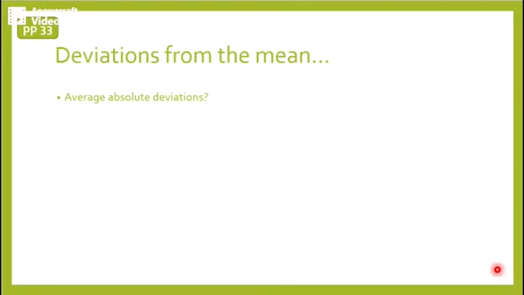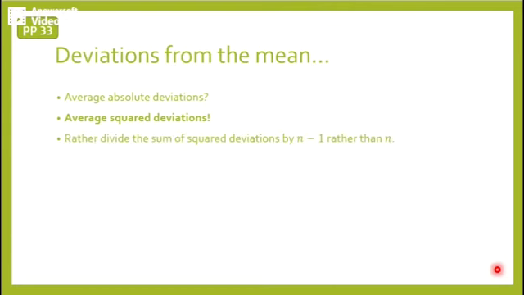Therefore, let's rather consider the squared deviations. And this seems to be a solution. But for several reasons, we rather divide the sum of the squared deviations by n minus 1 rather than n.